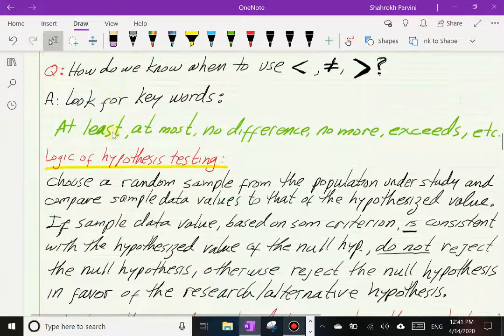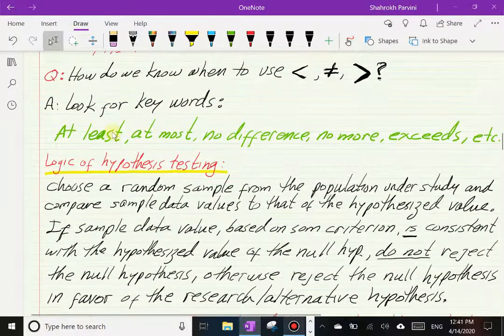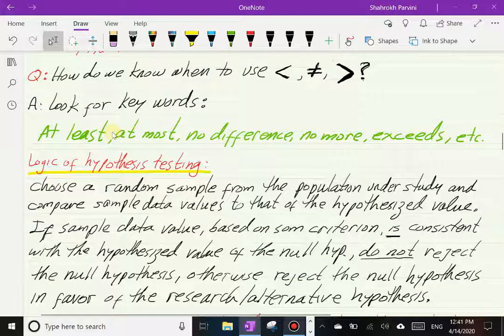Okay. Now, what's the logic of how we're going to do this? How are we going to go about doing this testing? Well, I guess the logic makes sense. What we're going to end up doing is, what if we choose a random sample from this population that we are researching?